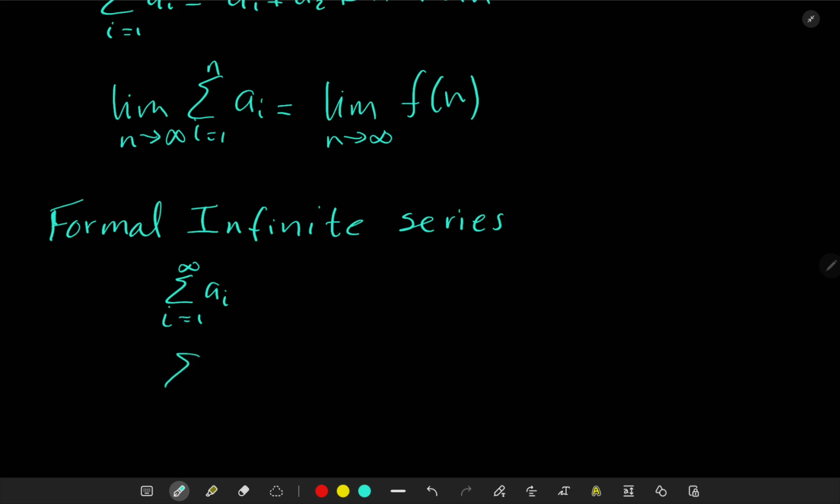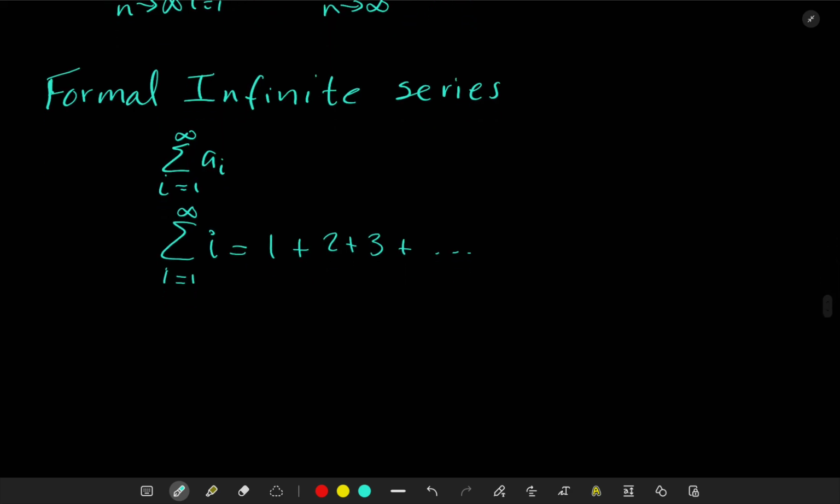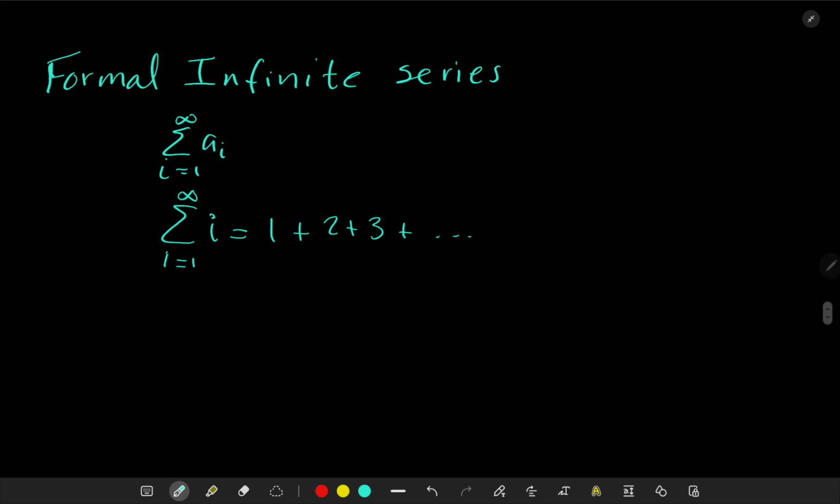Because, for example, if I were to add i equals 1 to infinity of just i, you'd be adding 1 plus 2 plus 3 plus, and despite what some people may tell you, this is going to be marching out to infinity. So a formal infinite series will allow me to write anything, regardless of whether it converges or becomes infinite.